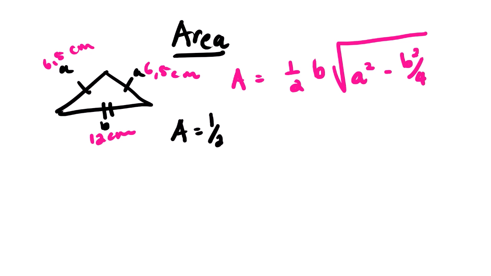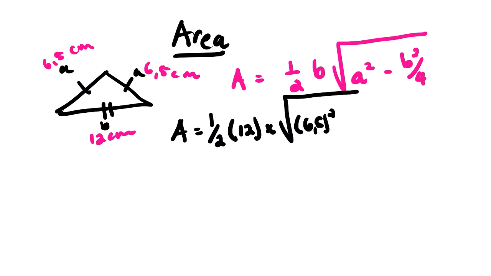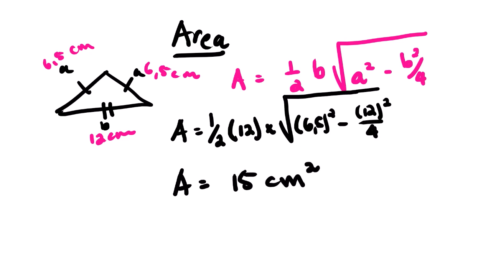We have 1 over 2, our base is 12, multiplied by the square root of our a, 6.5 squared, minus our b, 12 squared, all over 4. We get that the area of the isosceles is 15 centimeter squared.